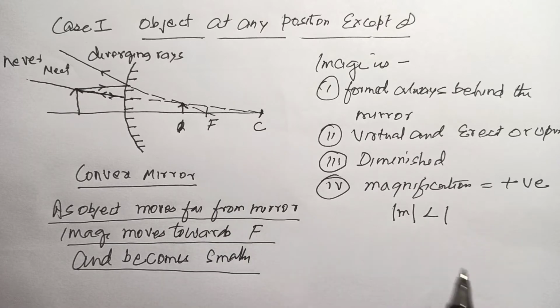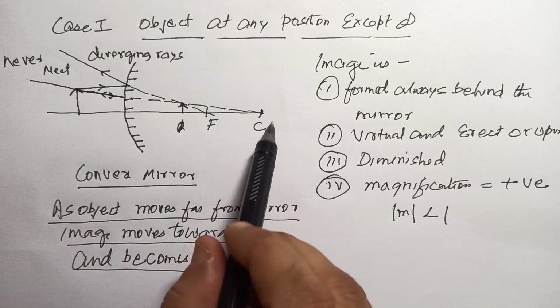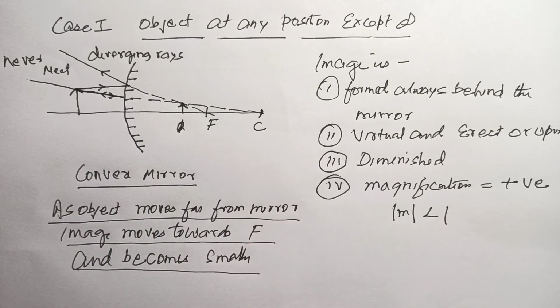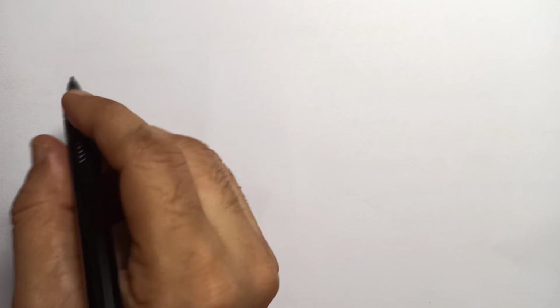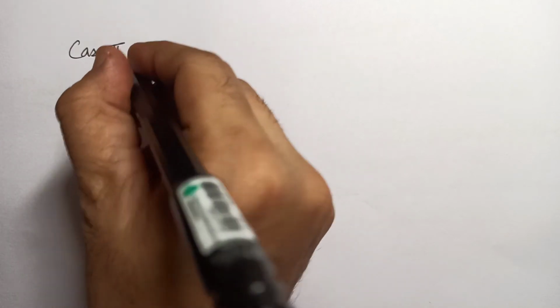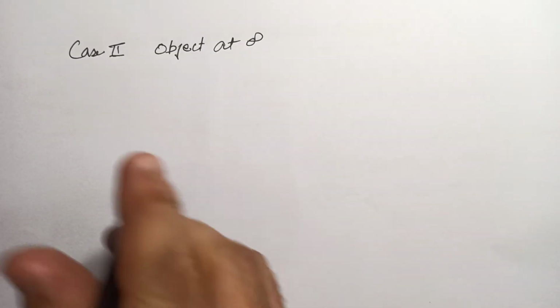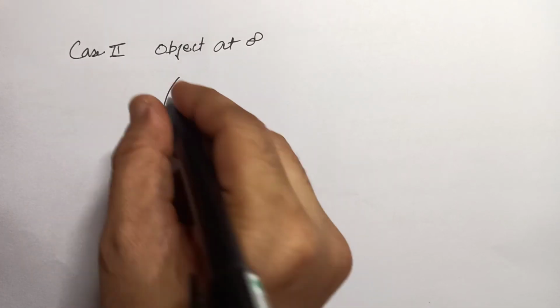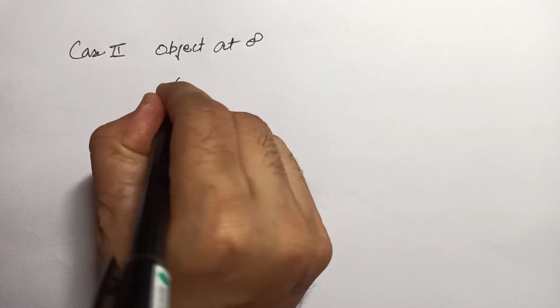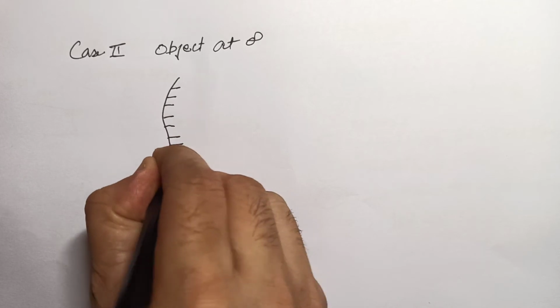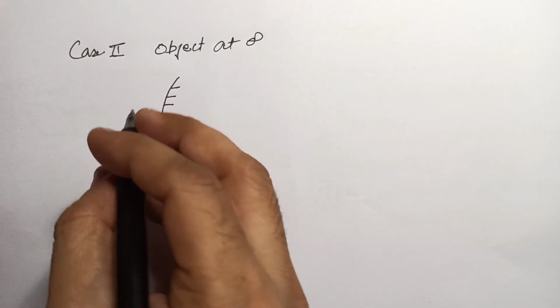Right? We will elaborate in the next slide, but just for the understanding sake, in the diagram here, I just try to explain. Now, in this case 2, object at infinity. This is the mirror, not the lens, by the way. So remember that.